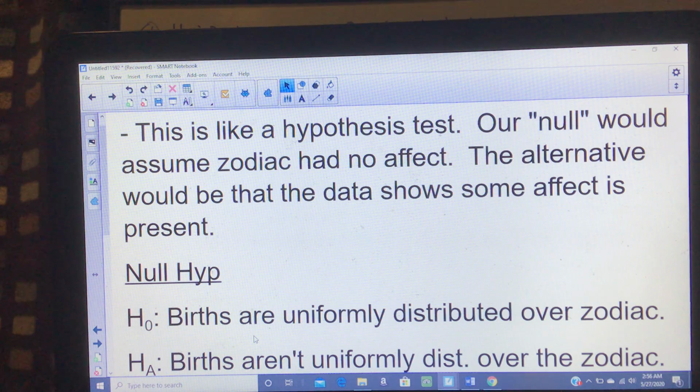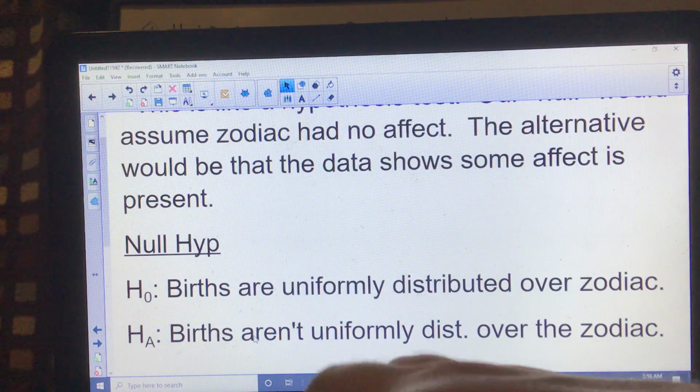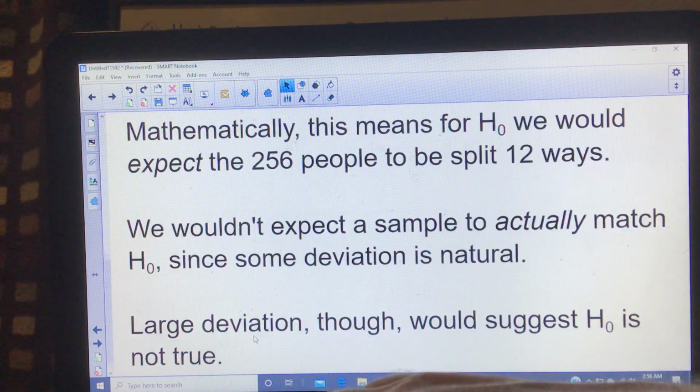Like your horoscope said or whatever. So the null hypothesis, the normal state of affairs, is that the births are uniformly distributed. If that's not true, we'd think that, for some reason, the births are clustering around certain zodiac signs. It doesn't prove causation, but at least it says the zodiac sign has something to do with it for whatever reason. All right? So those are our hypotheses.